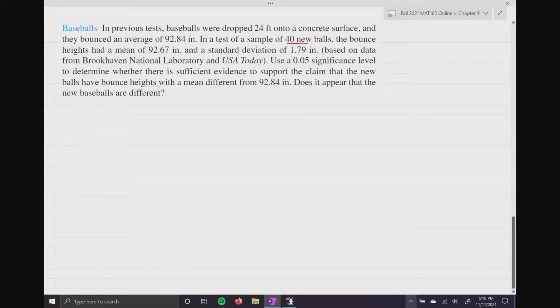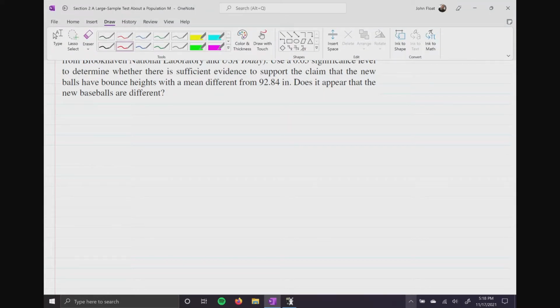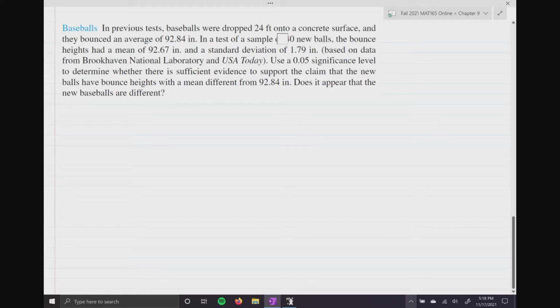First, we have a sample size of 40 baseballs. I think that's pretty important, so I'm going to write n equals 40. We know their bounce mean is 92.67, so x bar is going to equal 92.67 inches. And the standard deviation is going to be 1.79 inches, okay?